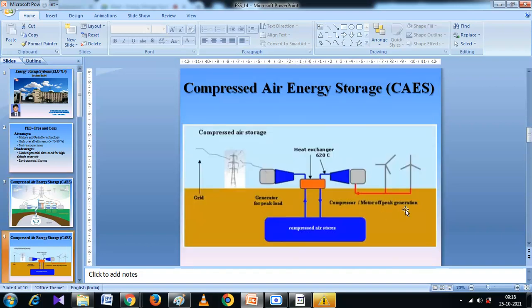But in this case, we can see when the air is compressed, the heat goes up. We take that heat and store it in the heat exchanger, and when the peak demand is coming and the compressed air is taken out, then we have to heat the compressed air at that time, because if we do not heat the compressed air, the efficiency will fall.